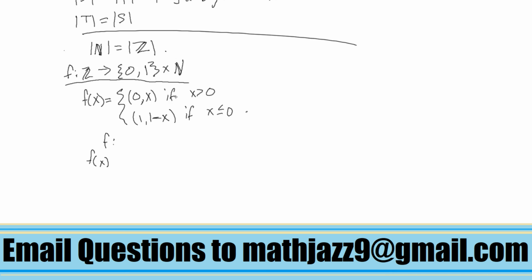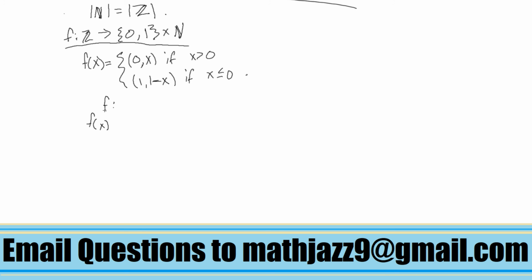Let's do from N to Z. We'll make a bijection. Here's N going to Z, and we'll do it like this. We'll have n over 2 if n is even, and we'll go to 1 minus n over 2 if n is odd.